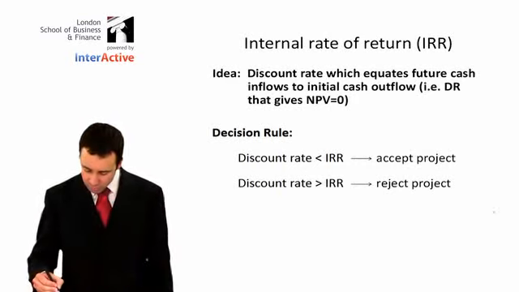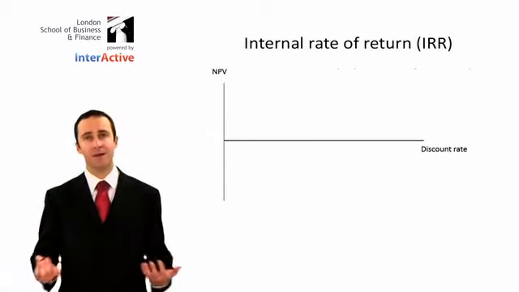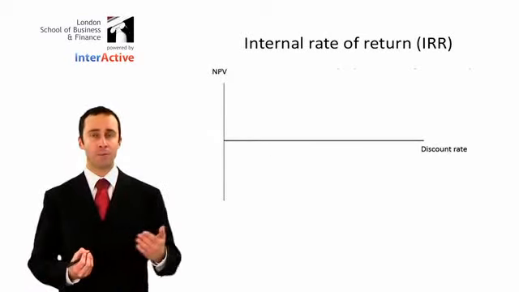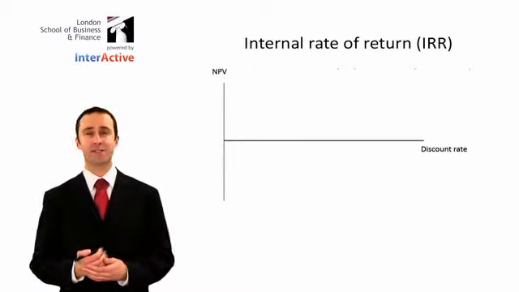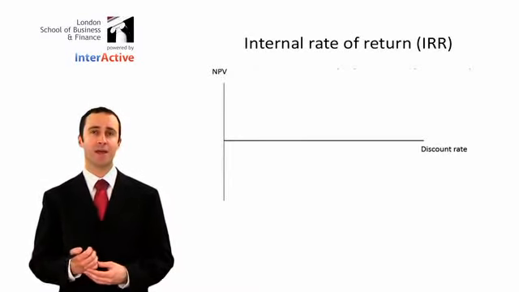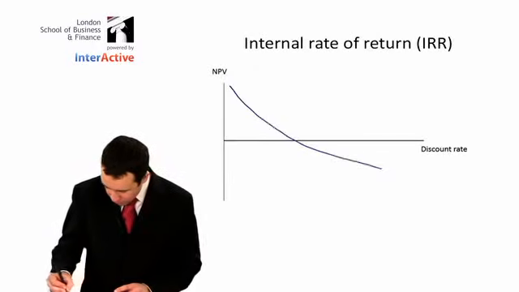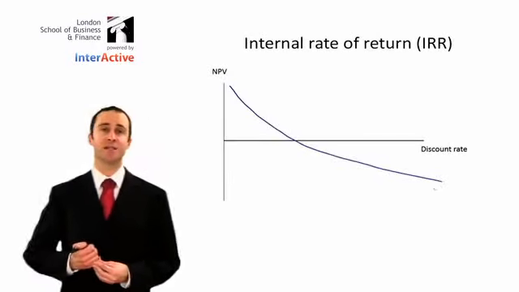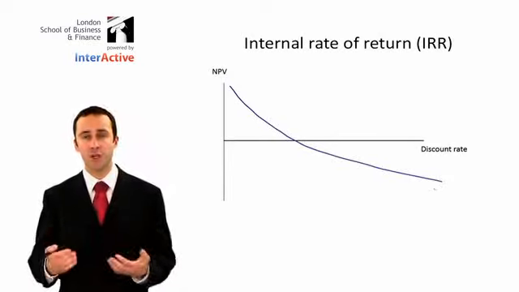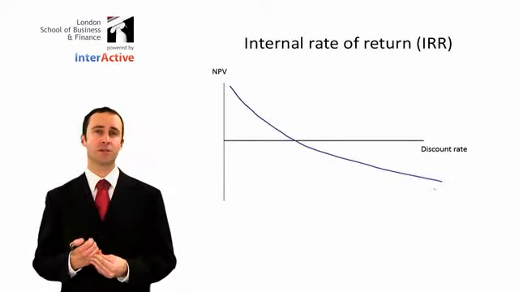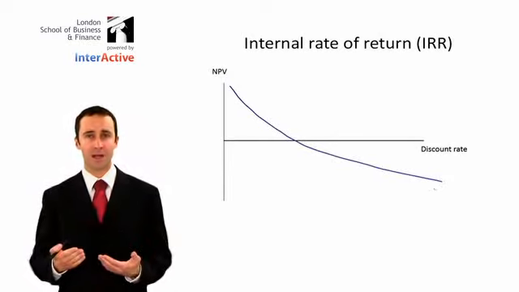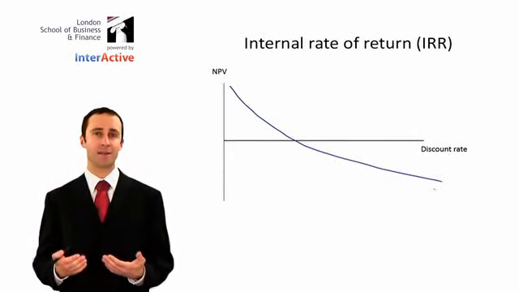Now, we should have seen previously our diagram where we plot the net present value down the side against your discount rate. As we increase the discount rate, we reduce the present value of the cash flows, so therefore we are reducing the net present value.